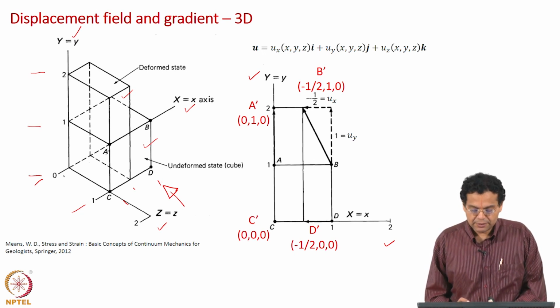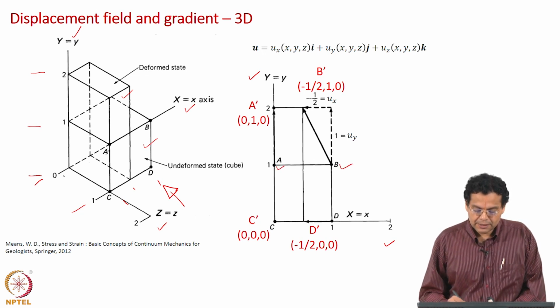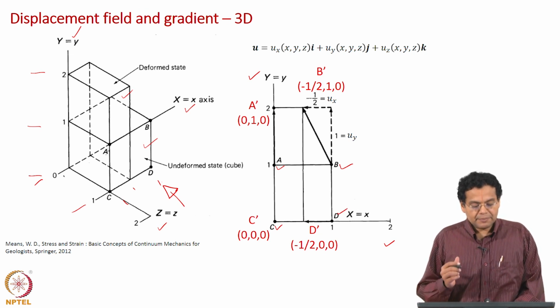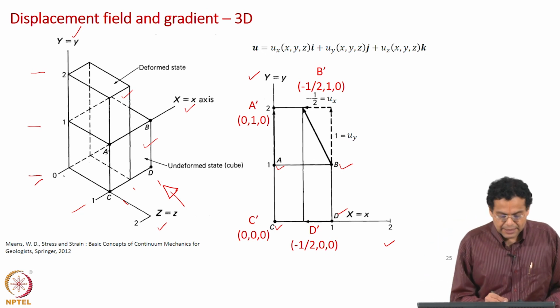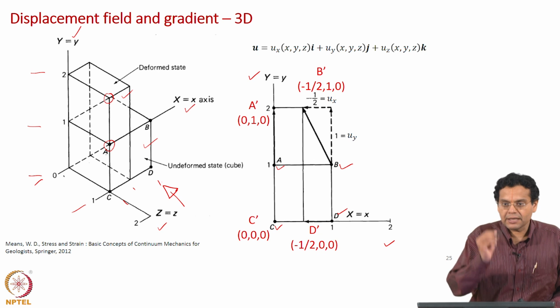Let us go one by one. The initial positions of A, B, C, D are shown in the initial configuration. Now the same A, B, C, D are shown in the final configuration also as A dash. A was here and A dash is here, it has a vertical displacement.